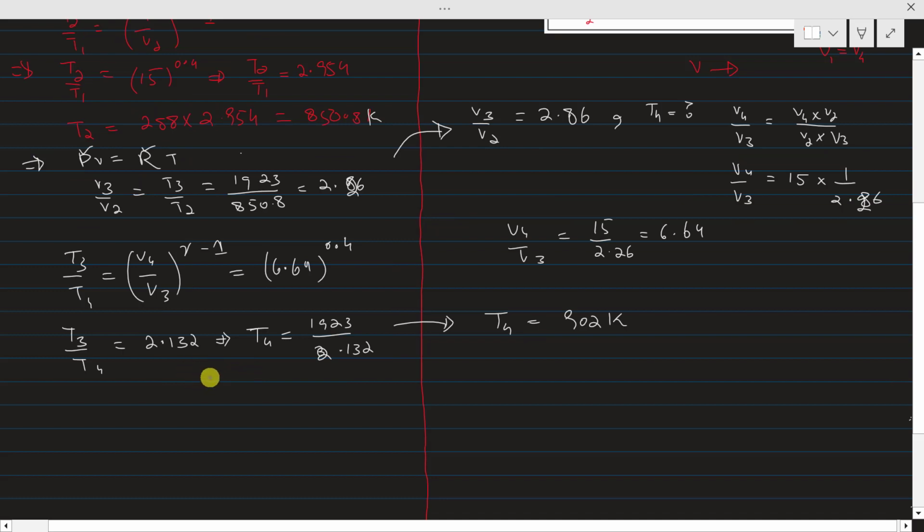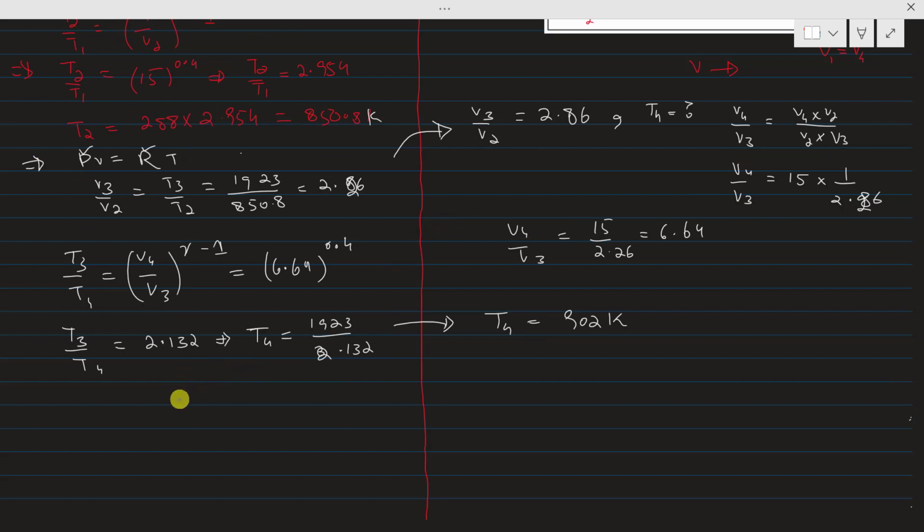So the temperature at every point is determined now, and we can easily proceed further. So the heat that is supplied at a constant pressure will be equal to Cp times the change in temperature. So the highest temperature is T3 minus T2.